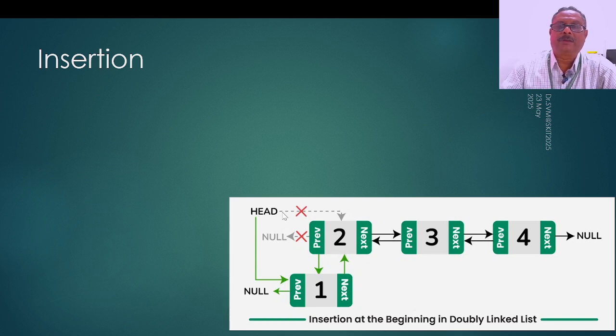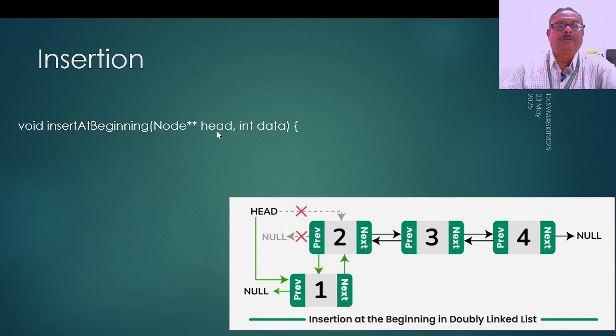So just like in code, we are inserting a node at the beginning, and we are creating a function where two parameters are passed: the pointer saying where the linked list begins, and the data which we need to put into the inserted node.